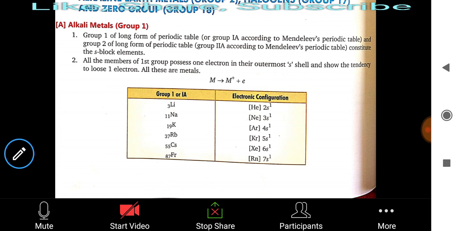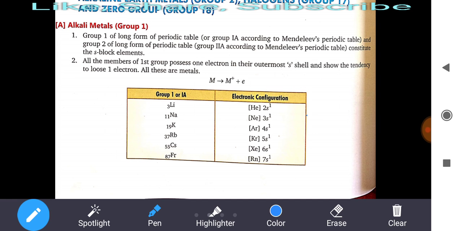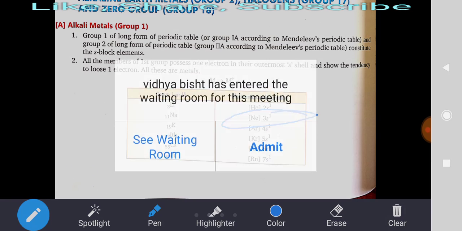If we see the electronic configuration of lithium, it is according to helium: 1s2, helium's electronic configuration, then 2s1. Then for sodium, it is equal to neon. I already told you how the configuration is written.